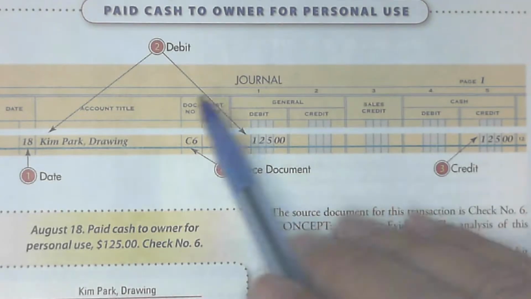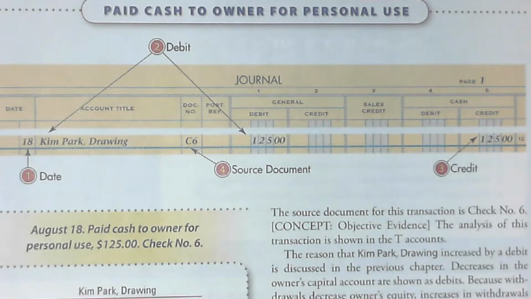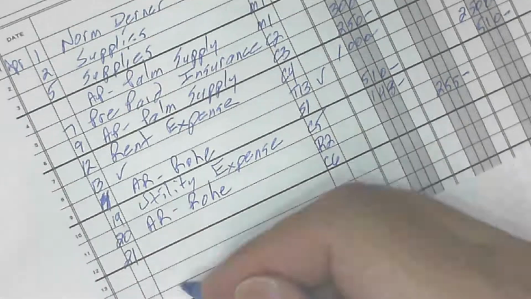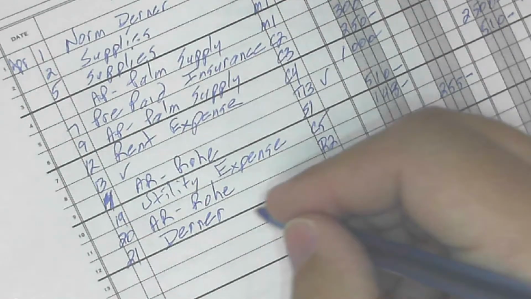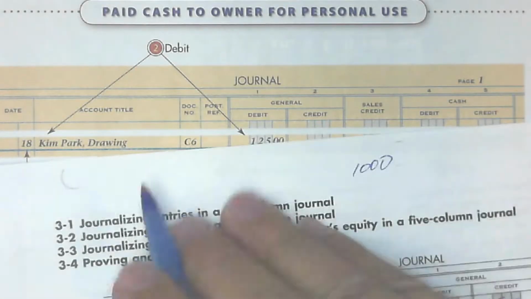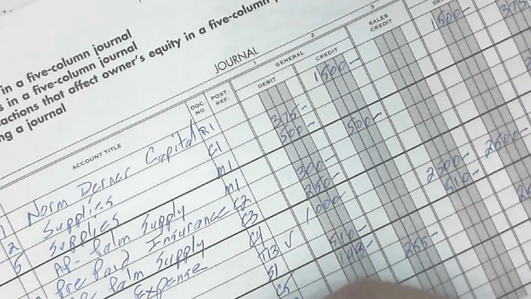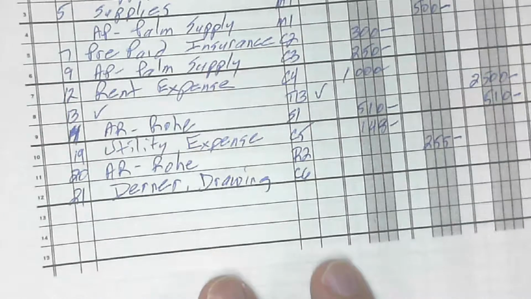So on page 71, paid cash to owner for personal use. So I remember this guy's name is Norm Derner. And whenever the owner takes cash out, that's going to be on a drawing account. When we get to ledgers, we'll have a different account for drawing, and you'll see that. Derner drawing.